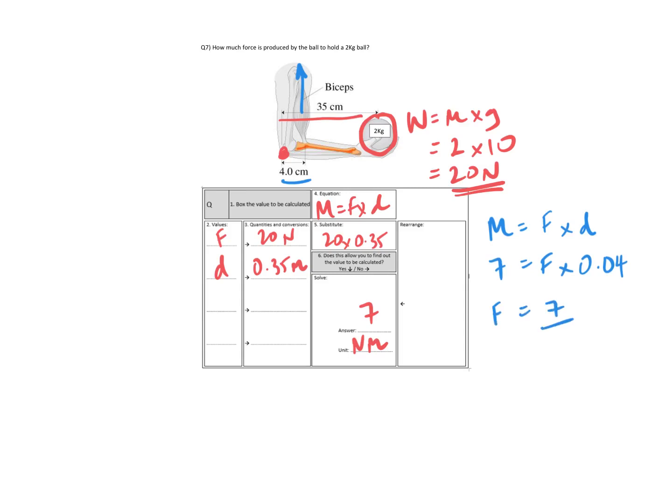So 7 divided by 0.04, which gives us 175 newtons. So the bicep needs 175 newtons to balance out the 20 newtons caused by holding the ball away from the body.